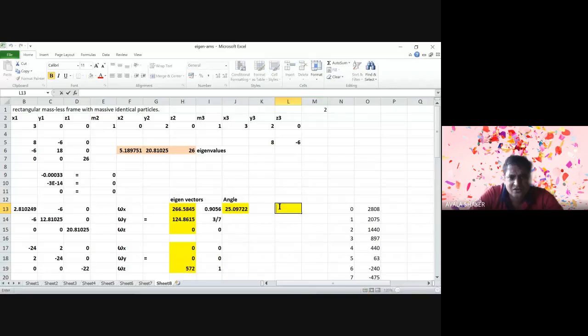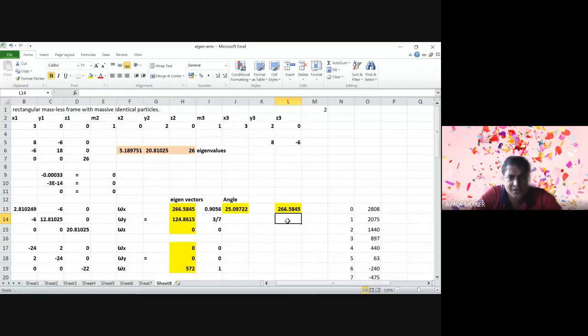So this will be equal to the determinant of this element.